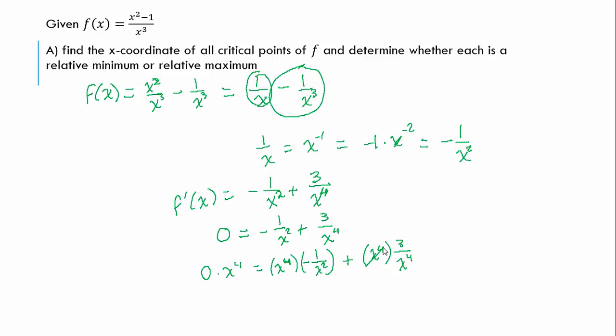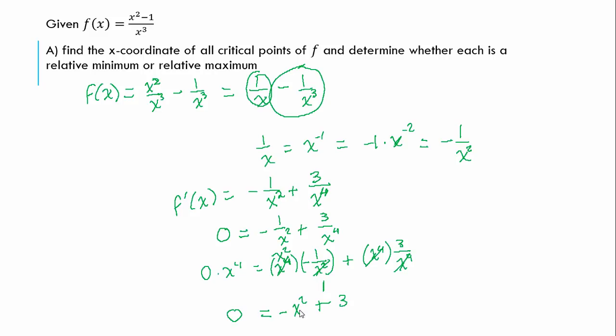Now look at that, these x to the 4ths are going to cancel here. This x to the 4th and x squared are going to cancel down to x squared over 1. And I'm left with 0, because 0 times anything is 0, is equal to negative x squared, so I still have that negative sign there, plus 3.